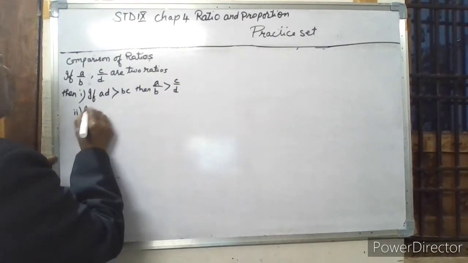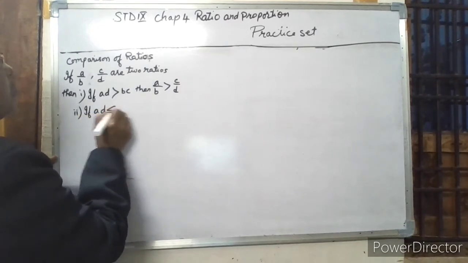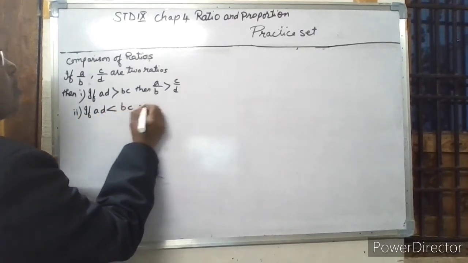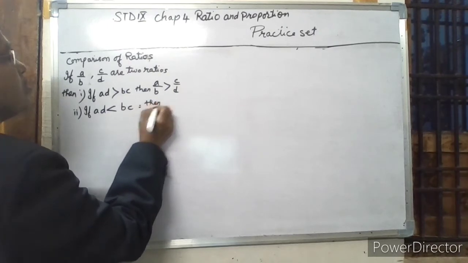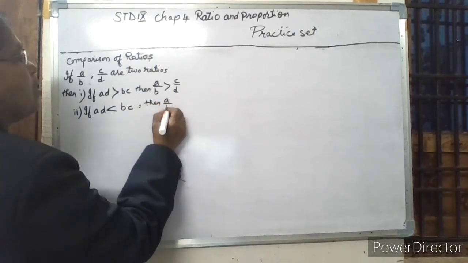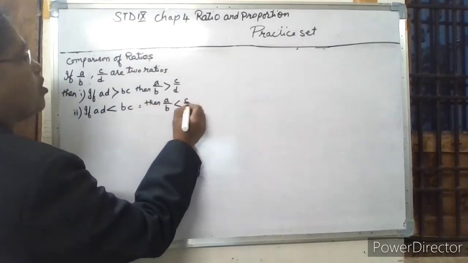And if AD is less than BC, then we can say that A by B is lesser or smaller than C by D.